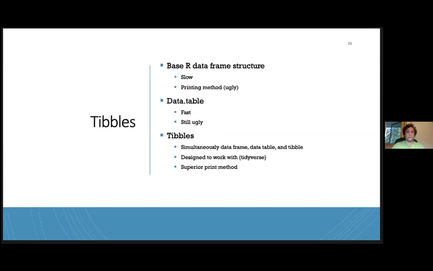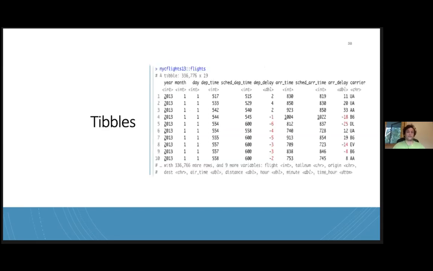Why does this matter? So this is what it looks like when you print out a Tibble. As you can see, Tibble shows us a bunch of different column names, the class of each column, and we'll highlight in red missing or negative observations when you look at this printout.